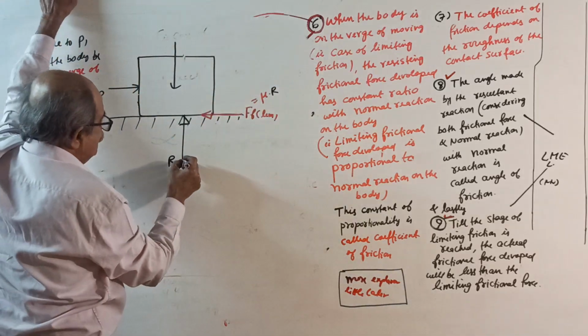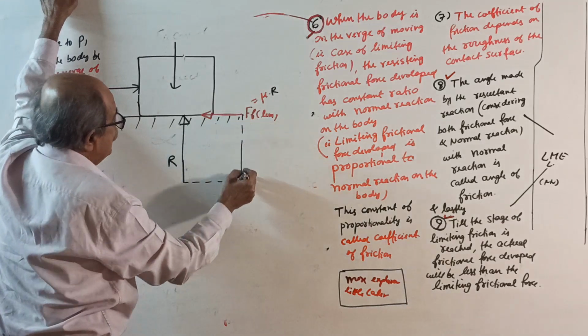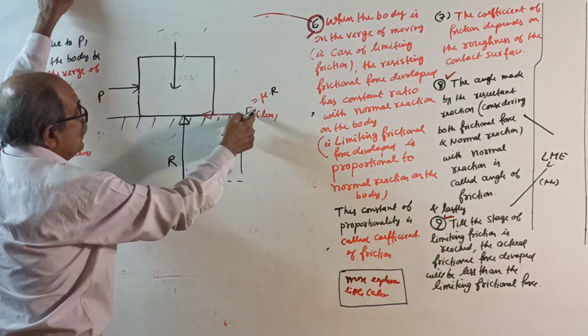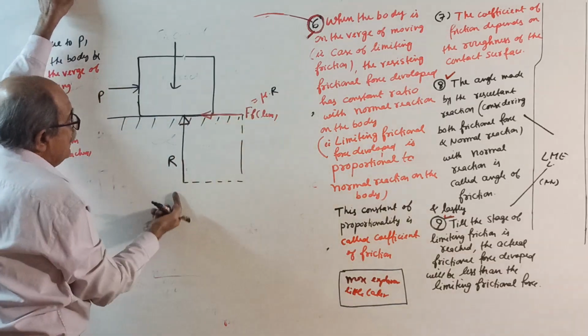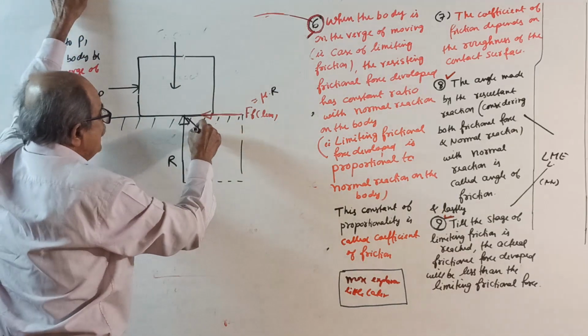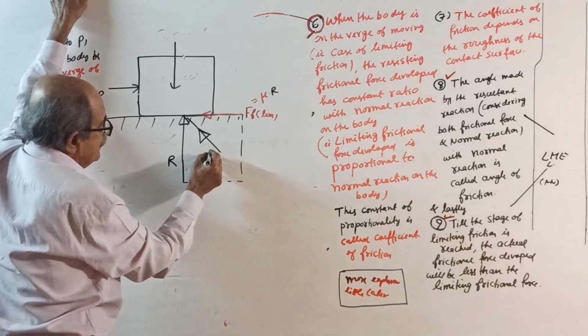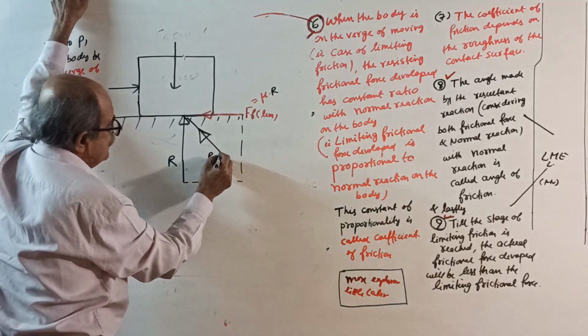Now, see here. Prepare a graphical mark here. For FF limit this way and R this way, let this be the resultant reaction.